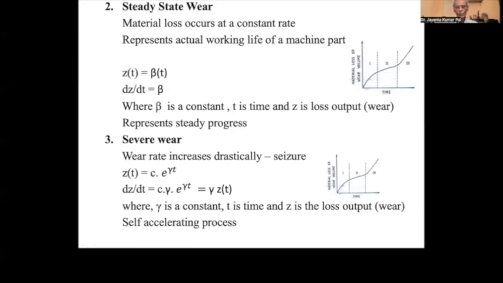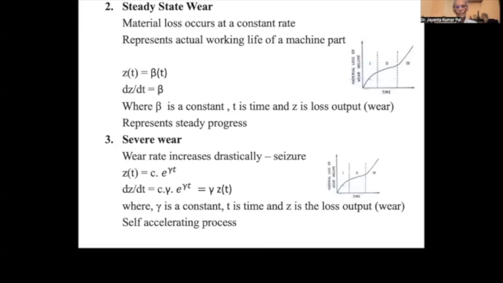And this is what is done in the industry or elsewhere by changing the oil, because during running in, a lot of wear debris are formed, and unless the oil is changed, those wear debris will be wearing the surfaces more and more.